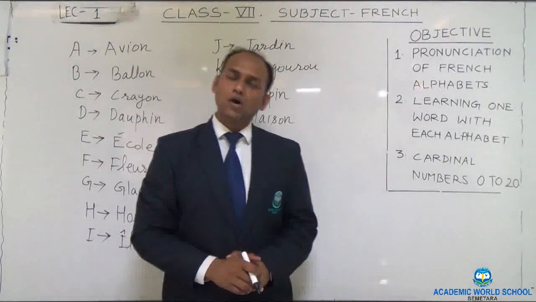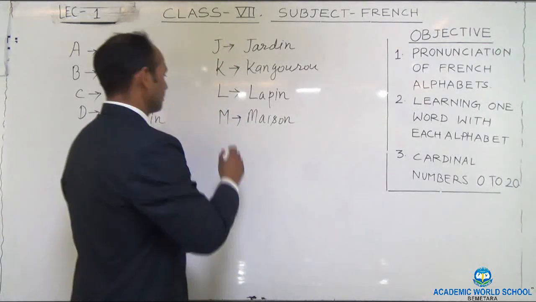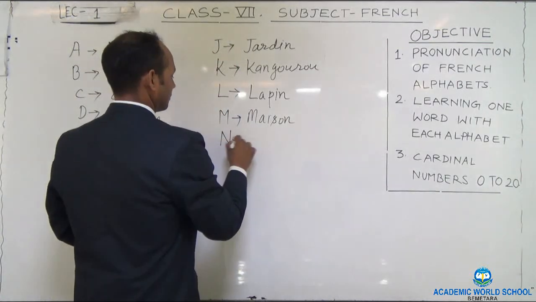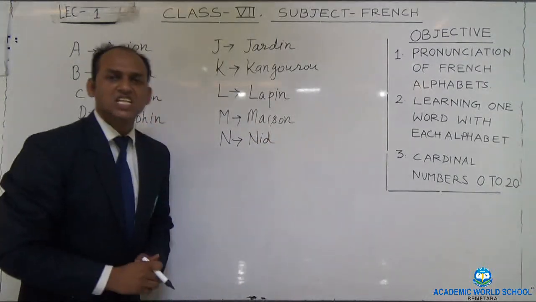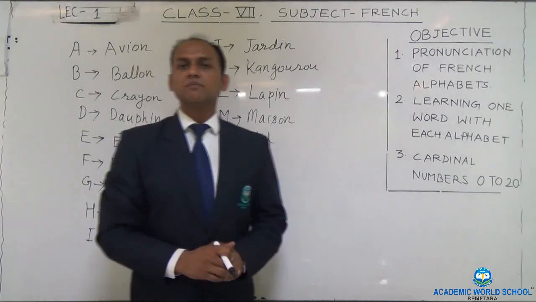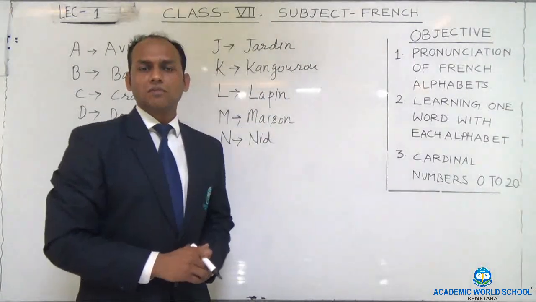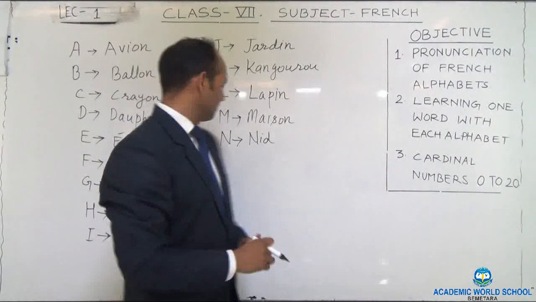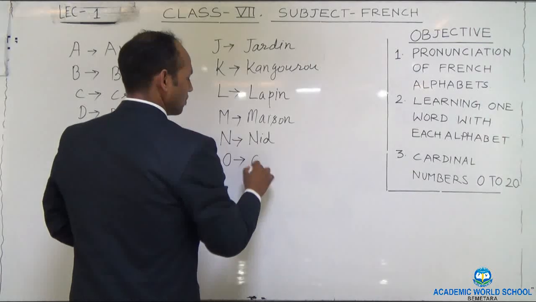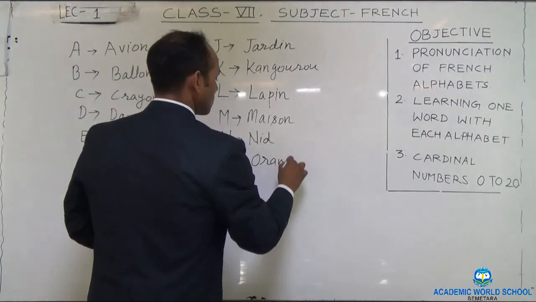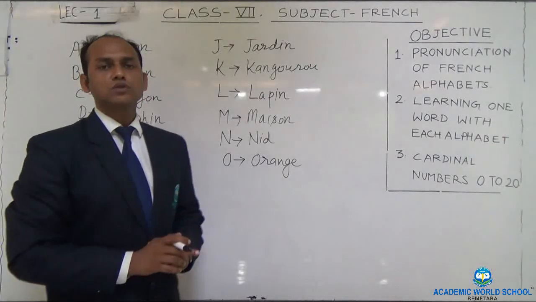Maison means house. N: Nid. Nid means nest, where the bird rests. O: Orange. Orange means orange.